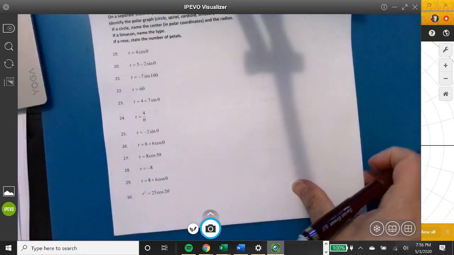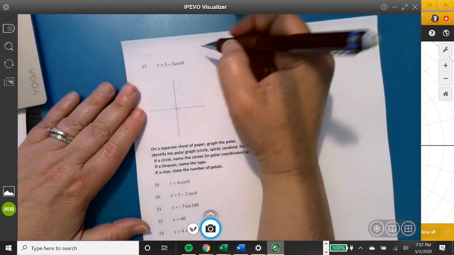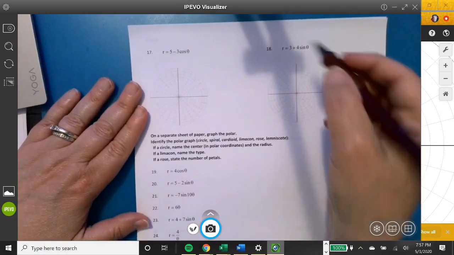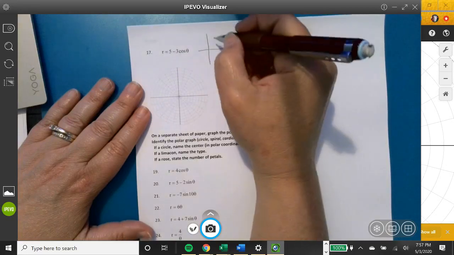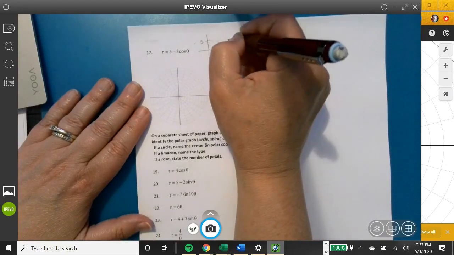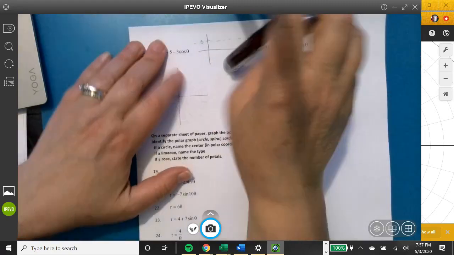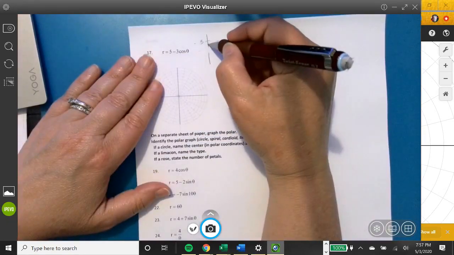All right, let's do another one. 5 minus 3 cosine theta. What's our midline? 5. Here it is, 5. Our amplitude, I'll make this a little bit different here.